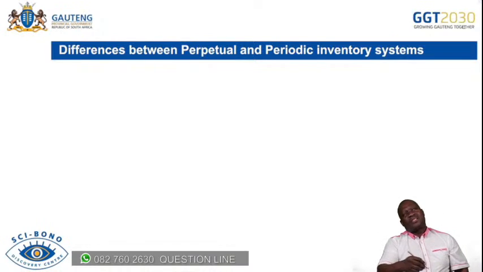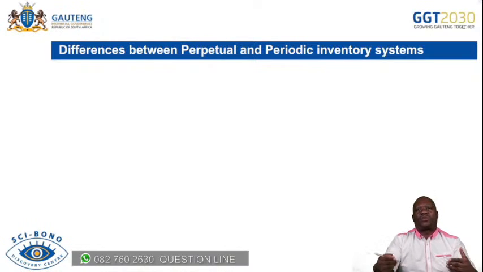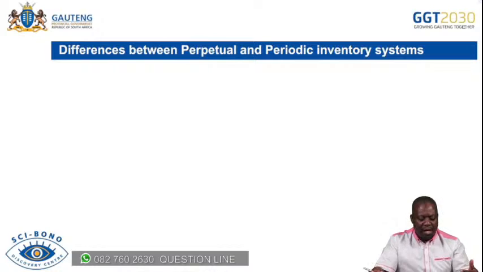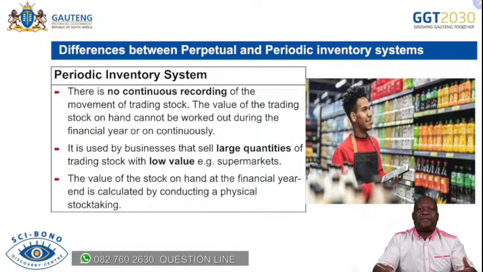It is used by businesses that sell large quantities of trading stock, and the perfect picture that comes to my mind is a supermarket. The value of stock on hand at the end of the year is calculated after conducting a physical stock count.